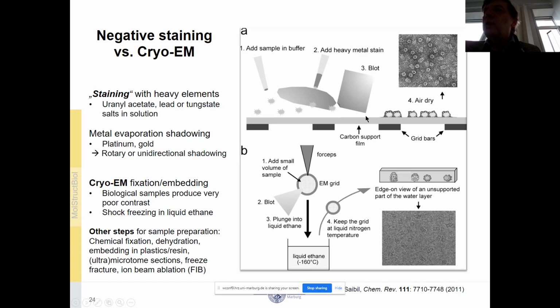Actually, staining is still used nowadays. For example, when you purify a protein complex and you would like to know, is this something worth working on further by cryo-electron microscopy? What you can do is deliver the sample to the EM lab and let them make a routine negative staining image first so that they can say, oh, it looks similar to this picture.